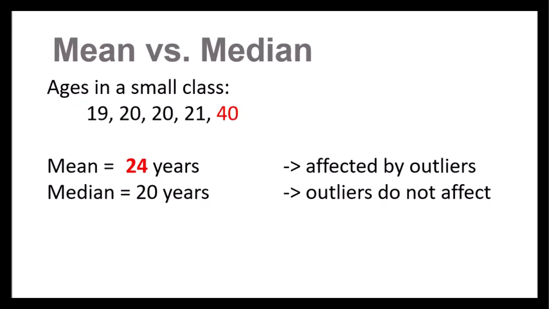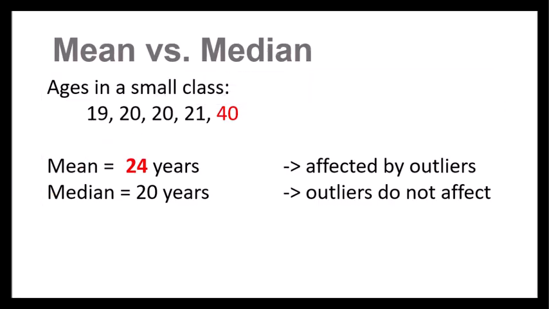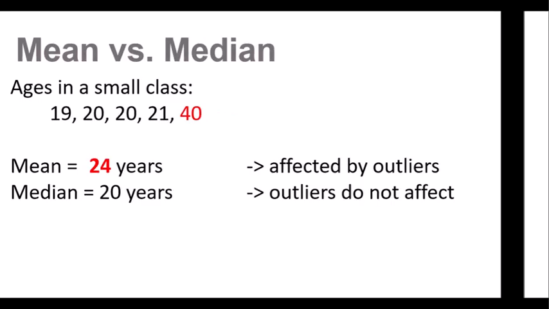In this case, this comes out to 24. But the median is not affected because the middle number is still 20. So this is an example of how these outliers or skews, extremely high or extremely low values, can shift our mean sometimes significantly, but they don't shift the median.